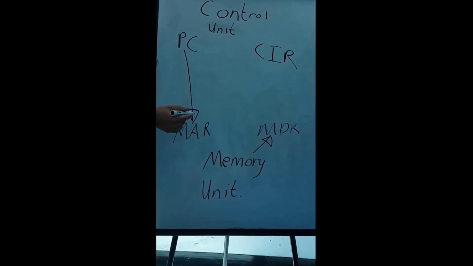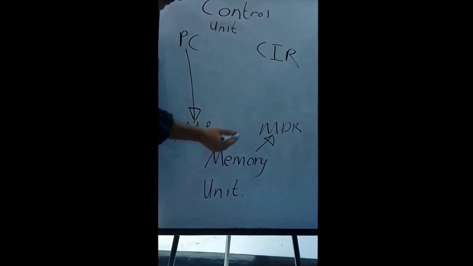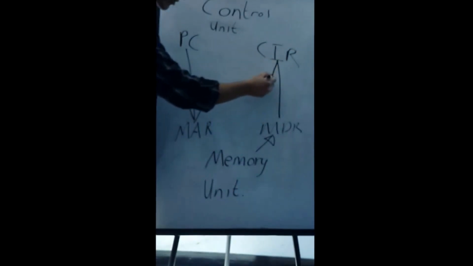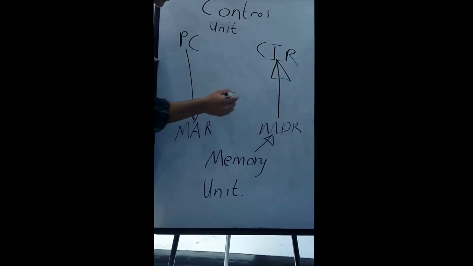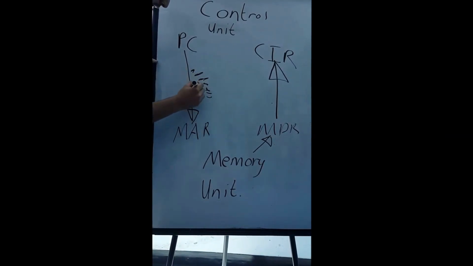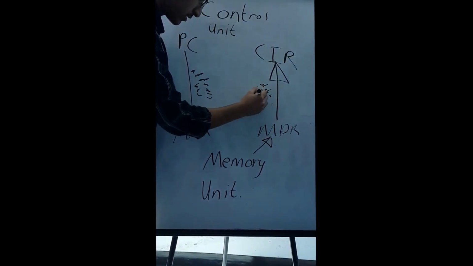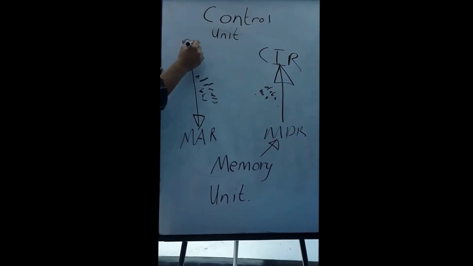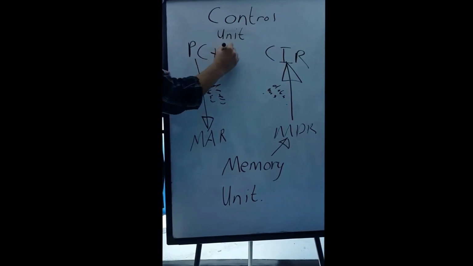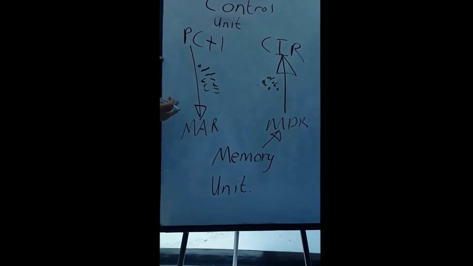What will then happen is that the contents of this memory data register, i.e. the instruction, will be copied to the current instruction register by means of a data bus. So this here is an address bus, and that there is a data bus. Finally, the program counter is incremented by 1, so that it now points to the address of the next instruction to be fetched.